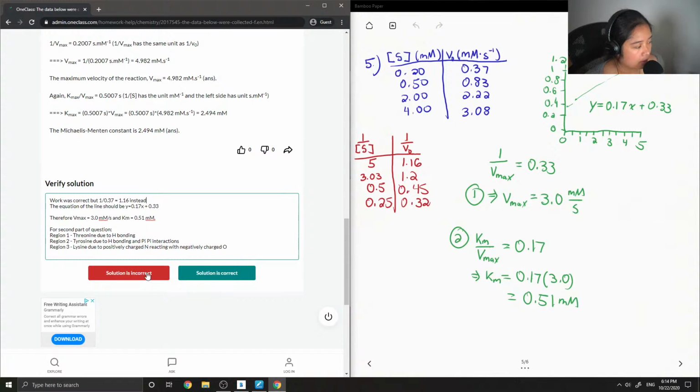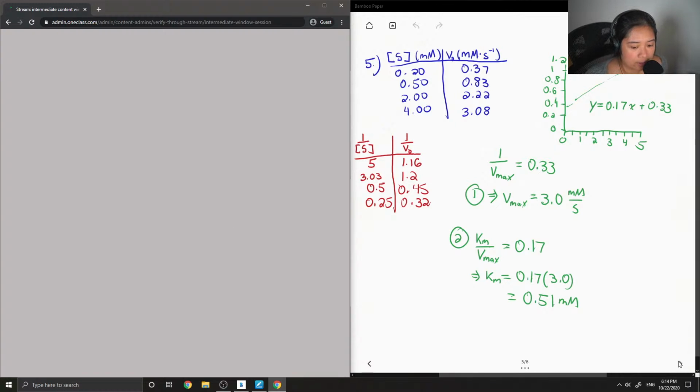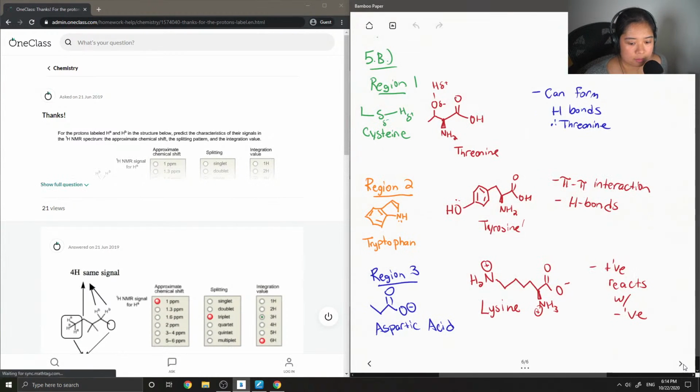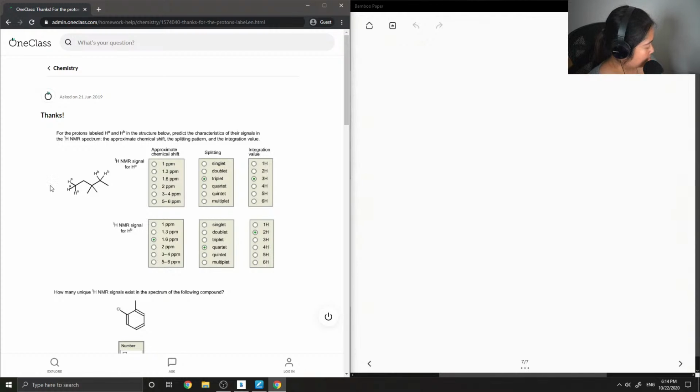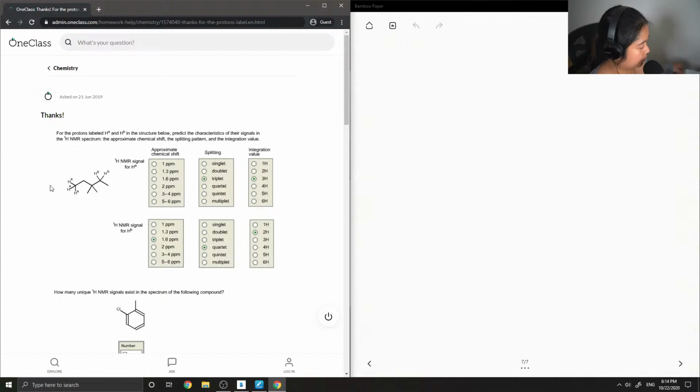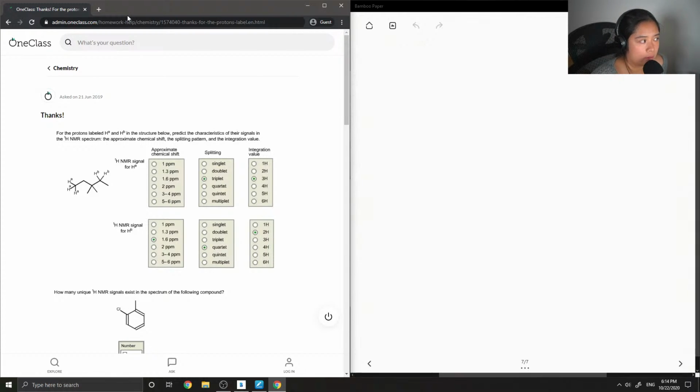Okay. And then I also just added the second part of that equation. So that was a long question number 5. Let's go on to 6.